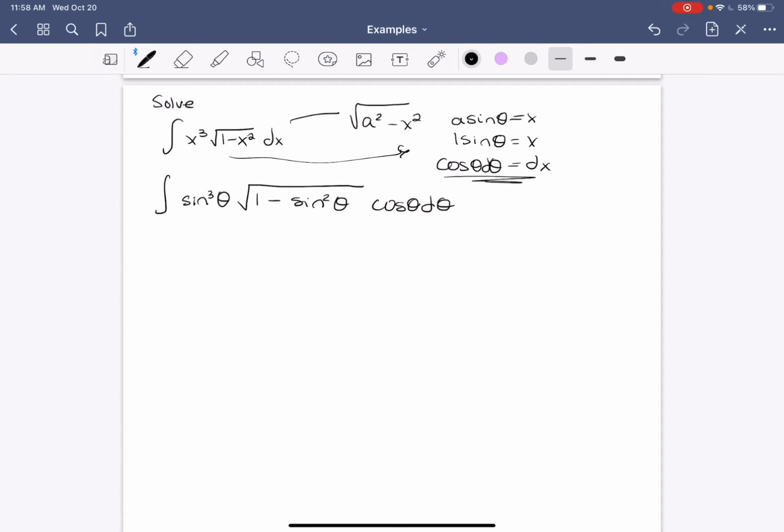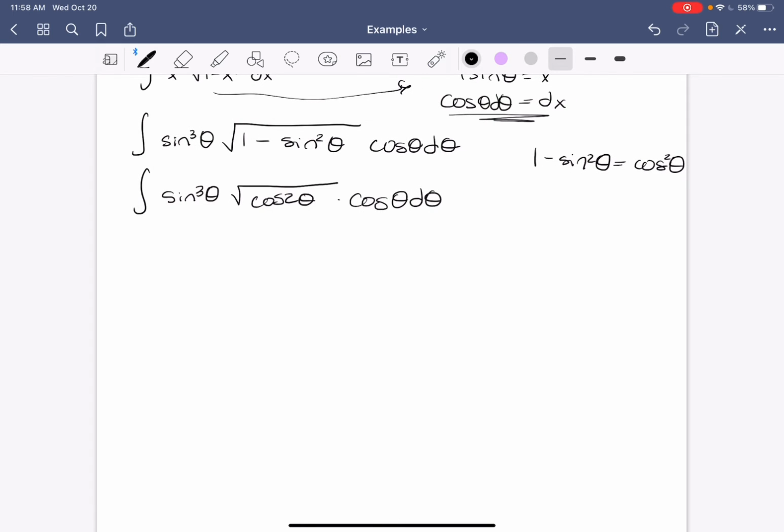Now we can simplify this even further: sine cubed theta square root of cosine squared theta. Remember, 1 minus sine squared theta is just cosine squared theta. It is an identity. Times cosine theta d theta.